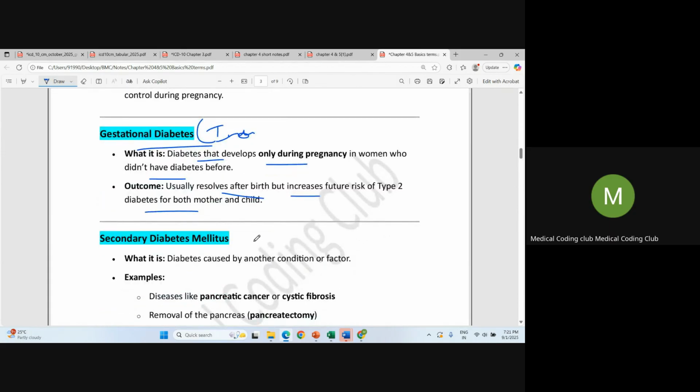Next, we have secondary diabetes mellitus. Secondary diabetes mellitus means diabetes caused by another condition or factor. So due to some underlying condition, that patient will get diabetes. At that time we will call it secondary diabetes.